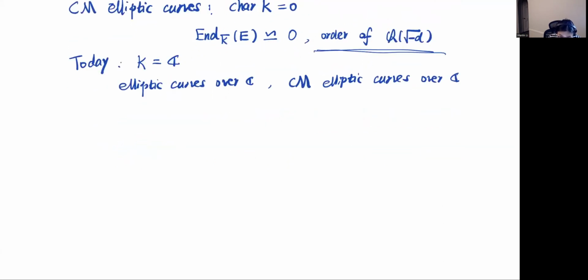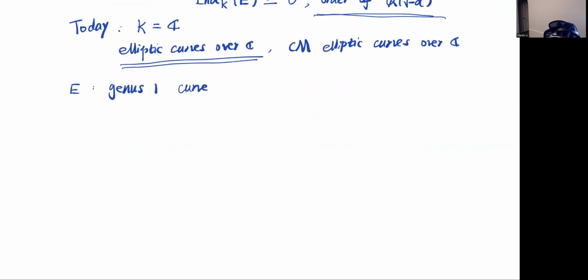So let's start with the first topic, elliptic curves over C. An elliptic curve E is a genus one algebraic curve, which means that topologically, if I consider E(C), the set of C points on my elliptic curve, then it's a torus.